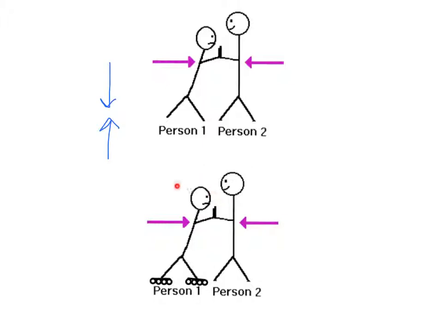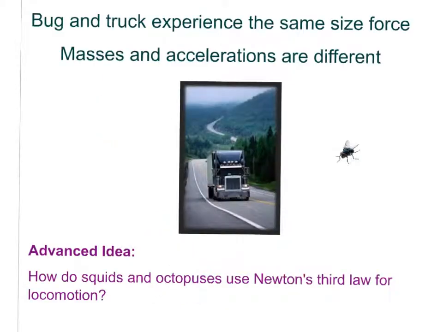Even though they're exerting the same forces on one another, this person lacks the force of friction that would hold him in place. This person has that force of friction, and therefore you will probably see this person's feet sliding this way and him falling perhaps on his face, if he were to take that to the final conclusion of what would go on here.